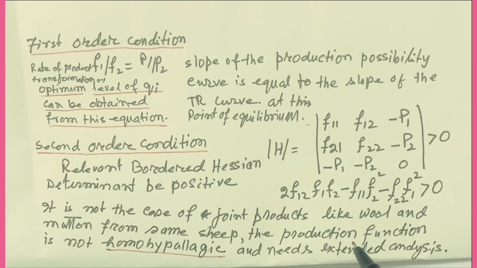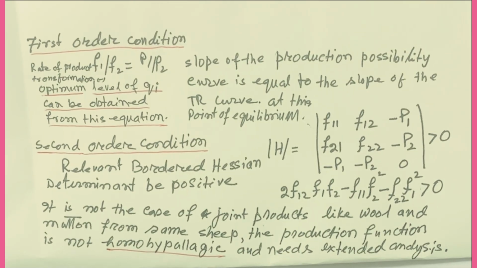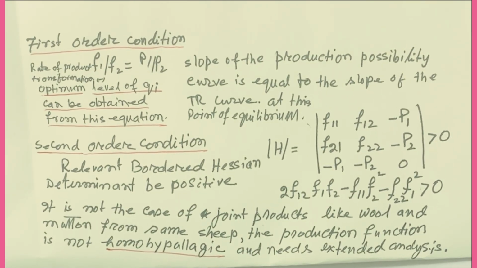The one best combination of output with limited resource. So the frontier curve or transformation curve, and how it is generated, and what will be the best combination.